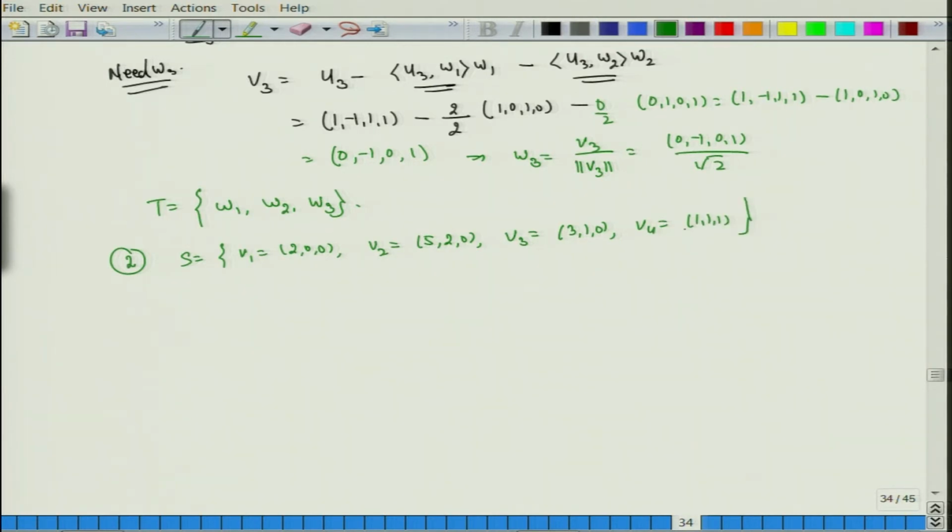Fine. I want the same thing: an orthonormal set T such that Ls of S is the same as Ls of T.